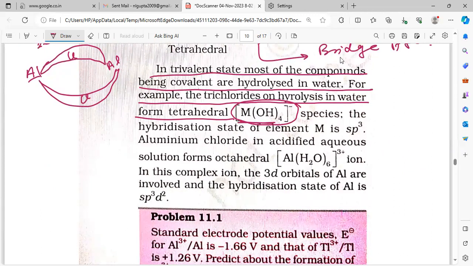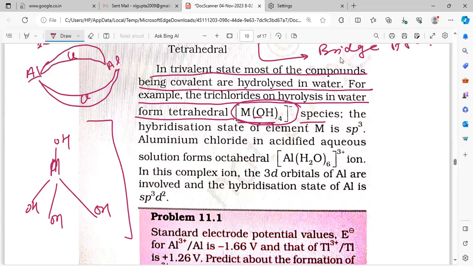They are accepting an electron pair in the trivalent state. If they are able to form the tetrahedral, it means they are completing the octet, and there will be one negative charge.